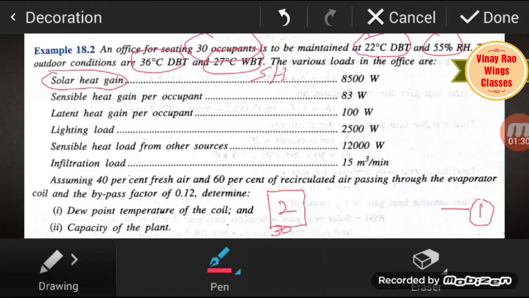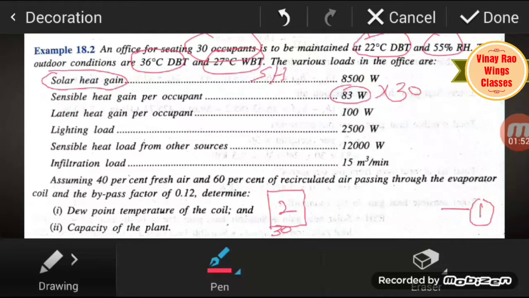The sensible heat gain per occupant is given, multiplied by 30 persons, so we will calculate the total sensible heat produced by the occupants.